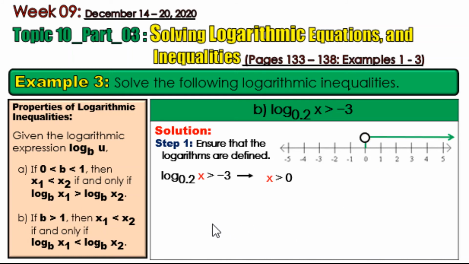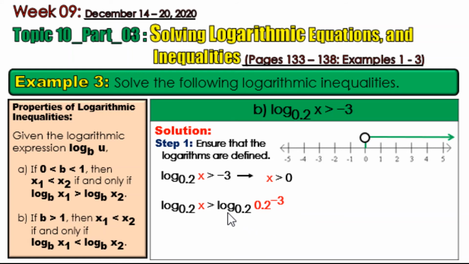Next we have to express negative 3 as the logarithm of a number to the base 0.2. By applying the basic properties of logarithms, we can express negative 3 as the logarithm of 0.2 raised to negative 3, to the base 0.2.